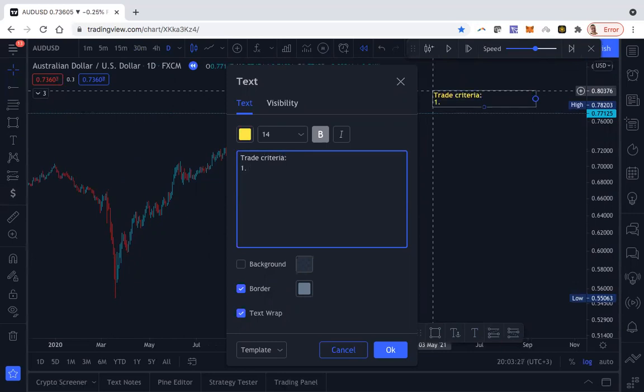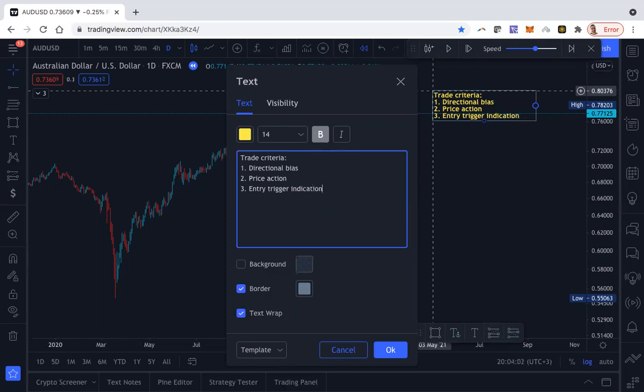My first criterion is that I have to find the directional bias. Number two, I need to look at some price action. What is the key price action? What is price action telling me? And then I look at my entry trigger indication. What is actually giving me the impetus to jump into a trade?